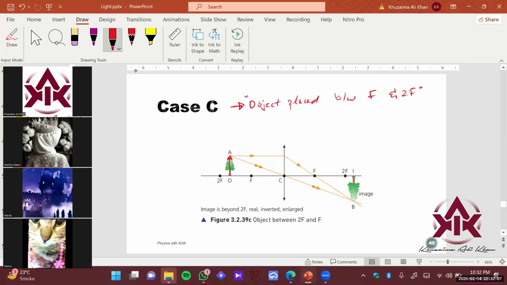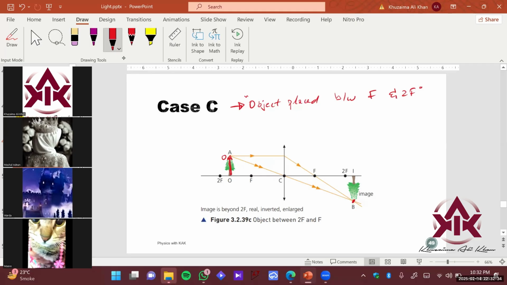This arrow represents the object. Draw two rays: one passing through the center line of the lens and through the principal focus, and one going straight through the center. Draw vectors, take arrows. The point of intersection is the point where the image is formed.